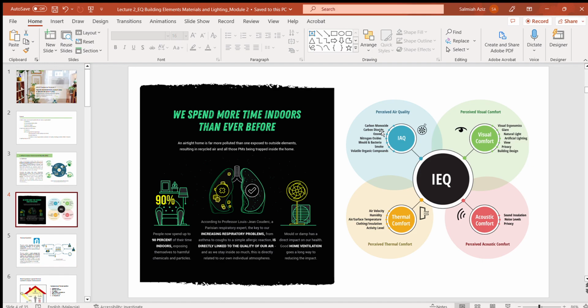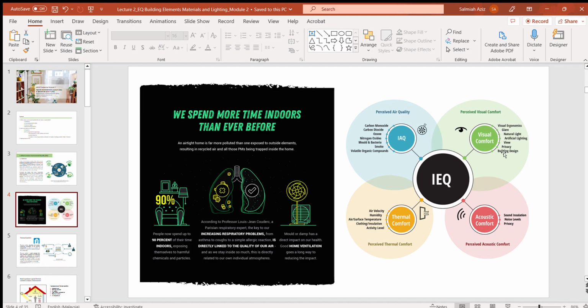There are carbon monoxide, carbon dioxide, ozone, nitrogen oxide, mold, bacteria, smoke, and also volatile organic compounds. These are the things that we should evaluate and check in indoor air quality.